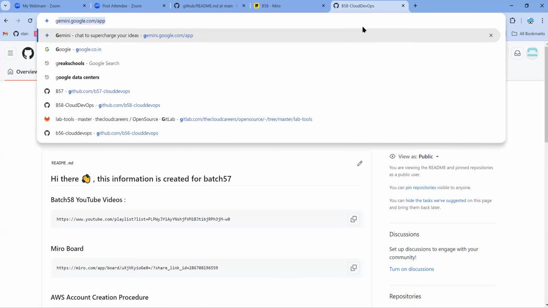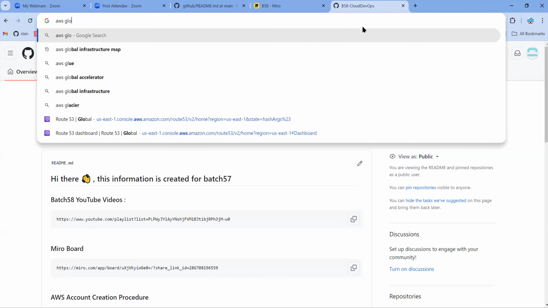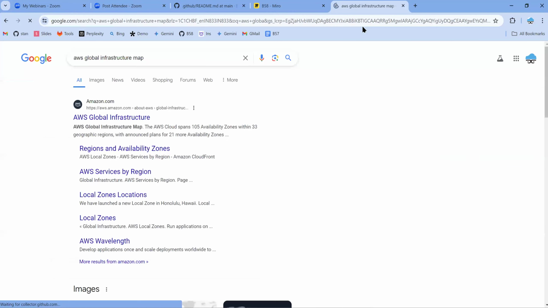This is very important: the AWS global infrastructure map.